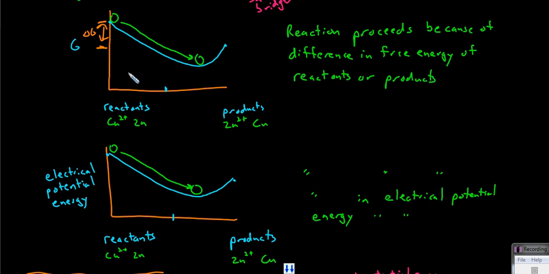So we have a spontaneous reaction which is described by G, the free energy, but we can also describe it in terms of electrical potential energy. Our reactants have higher electrical potential energy than the products.